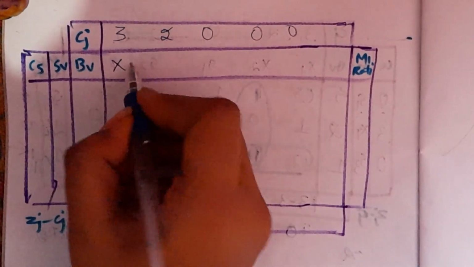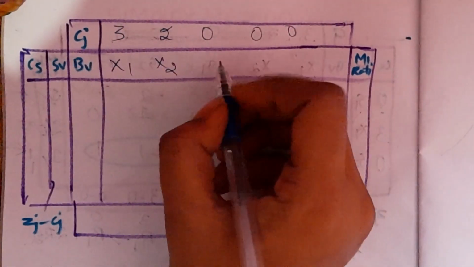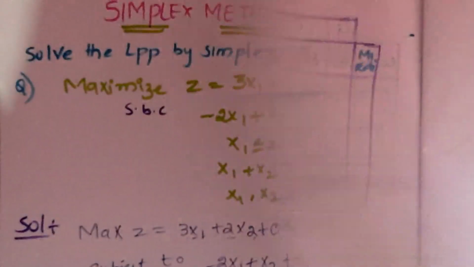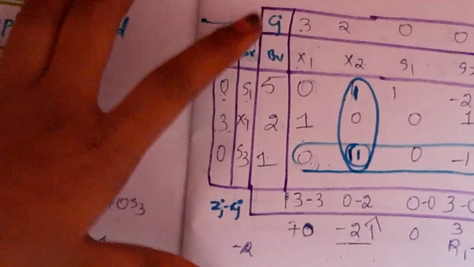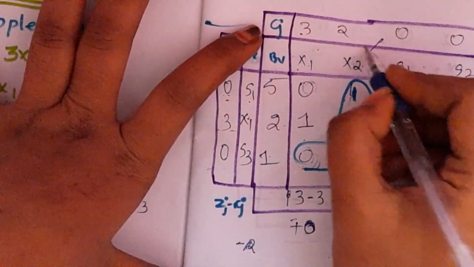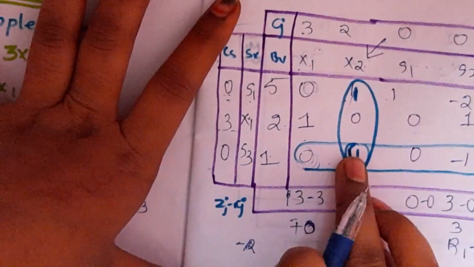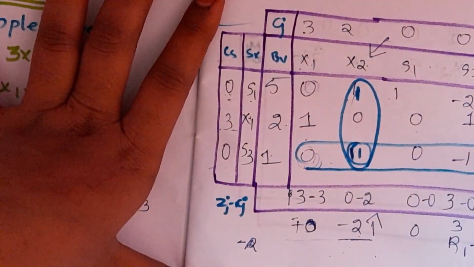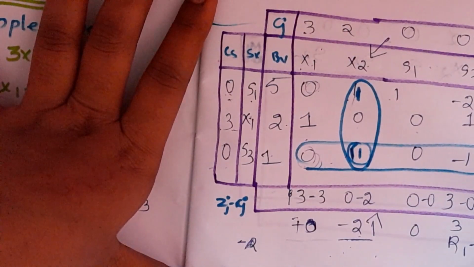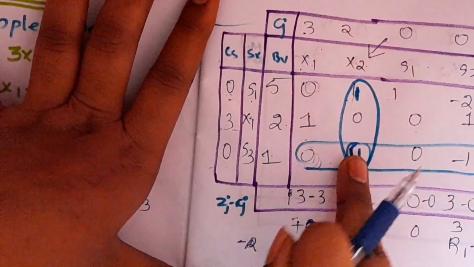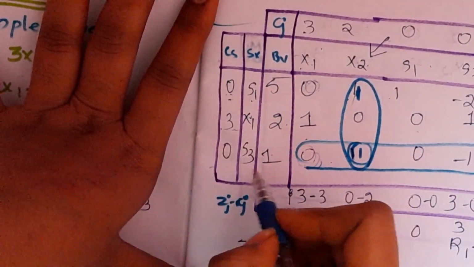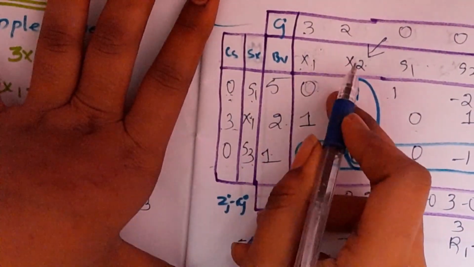Next the basic variables s1, s2, s3. In the previous table, x2 is the incoming variable and s3 is the outgoing. So instead of s3 we have to write x1.